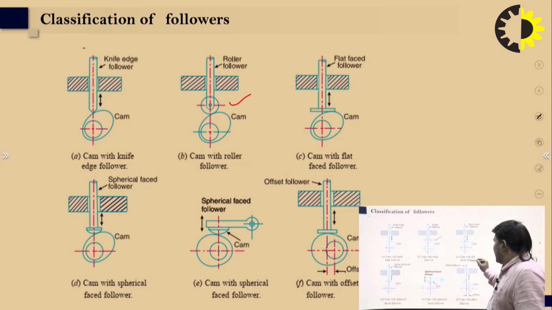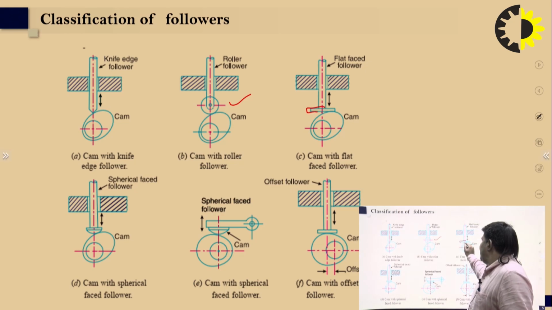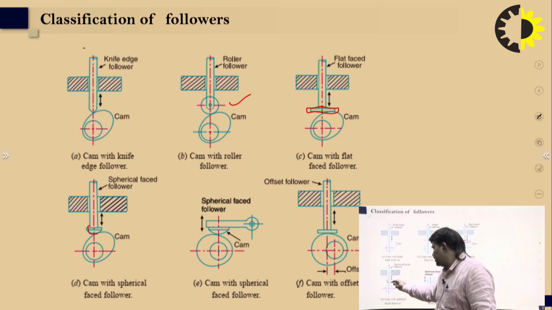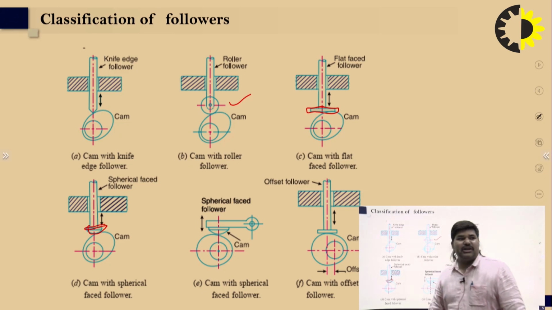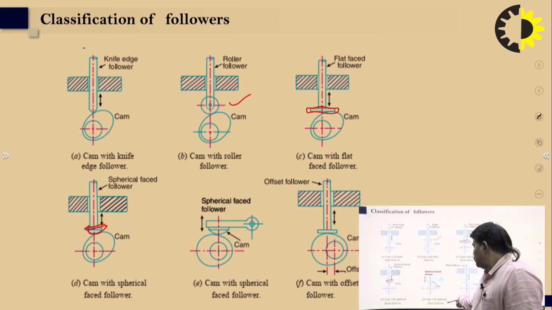Here the cam shape is the same in all six figures, and you can see the follower is like a flat face shape, so that is the flat face follower. Here the cam shape is spherical, and this is the spherical face follower.